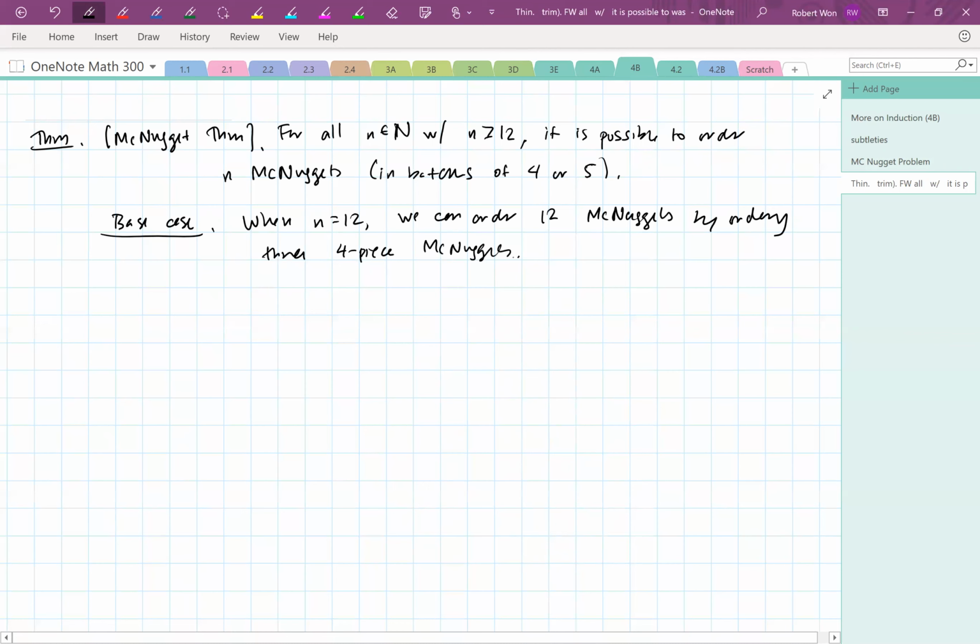Right, 3 times 4 is 12. Here's the inductive step. Assume for some k greater than or equal to 12 that it is possible to order k McNuggets.